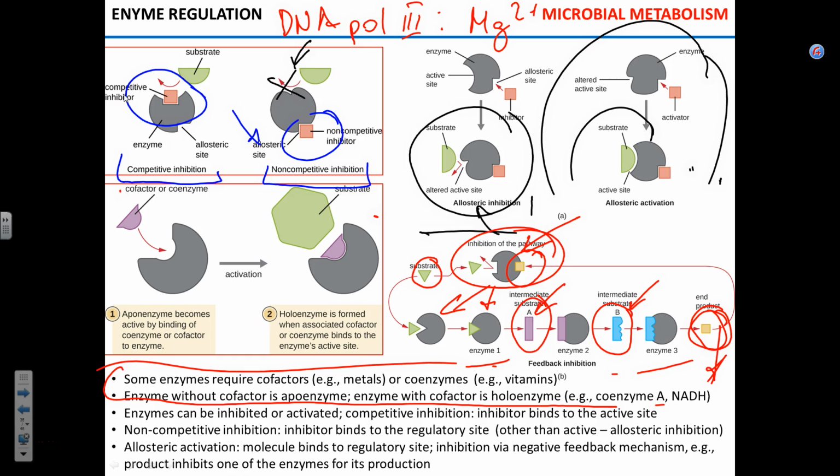When there's less product, there's less inhibition. The enzyme, bless you, starts to be active again. So it's again negative feedback, teeter-totter. Okay, more product, less enzyme activity. Less product, more enzyme activity. Does that make sense?